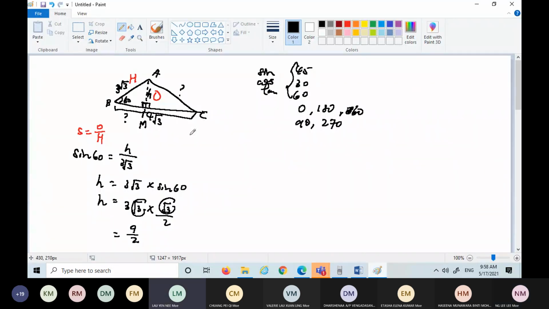Okay. So you are saying the 4 square root 3 has nothing to do with this triangle, the ABM. Okay, but you can try. The H is 9 over 2, which is 4.5. And then the 3 square root 3, I think is longer than 4.5.